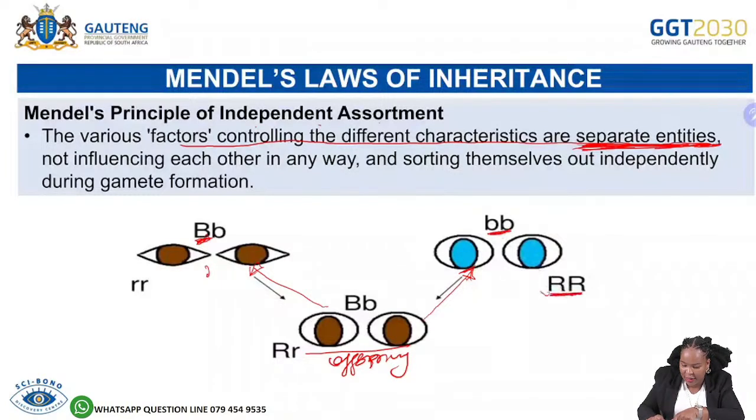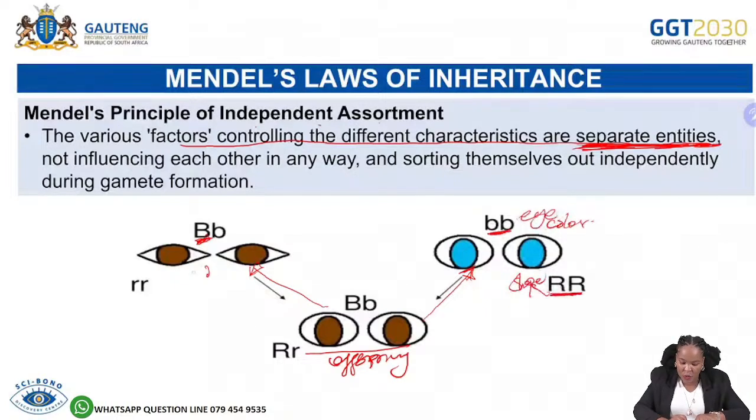Let's say this big eye, they talk about the shape. These ones, they talk about the eye color. So from this one, the shape was recessive. It gave us oval. But this one, the parent with the blue eye, had round eyes, which were big, and it was dominant.